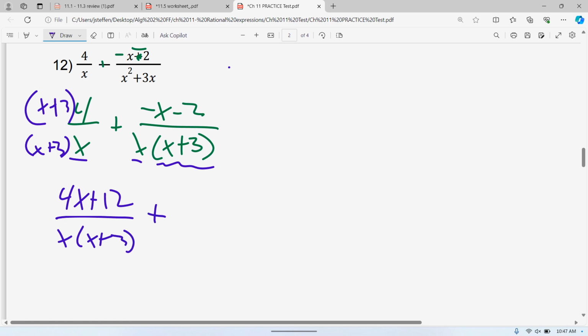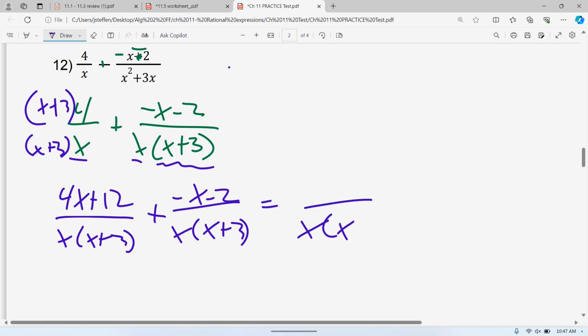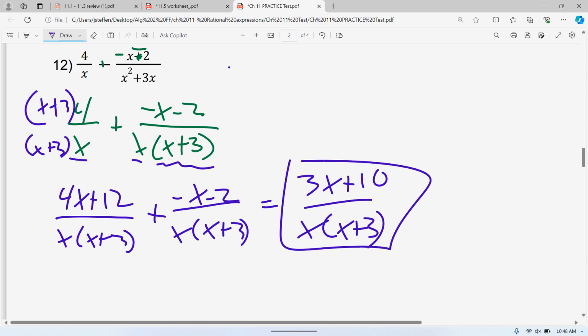We didn't change anything for negative x minus 2 over x times x plus 3. Like terms, our denominator, we could do that first, and it's just the same thing it's been for the other two. x minus x, 3x, and 12. So 3x plus 10 over x times x plus 3.